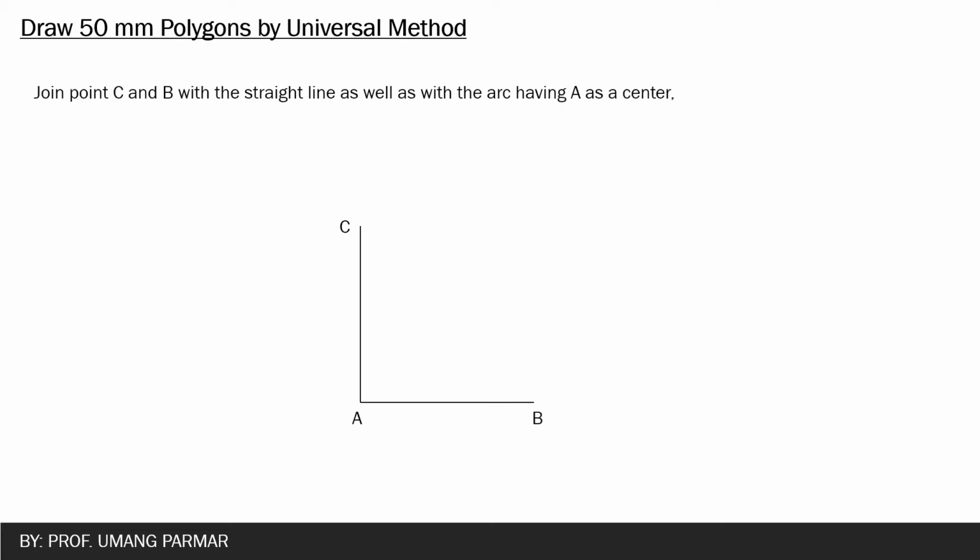Now our third step, we can join point C and point B with a straight line as well as by an arc having the center A. So we can go from point C to point B via a straight line, and a curve, that is from C to B we can have the arc having the center A. You can put your compass at point A, extend it up to C, whatever the AC dimension, which is equal to the AB dimension.